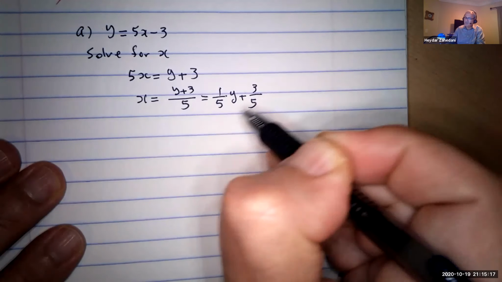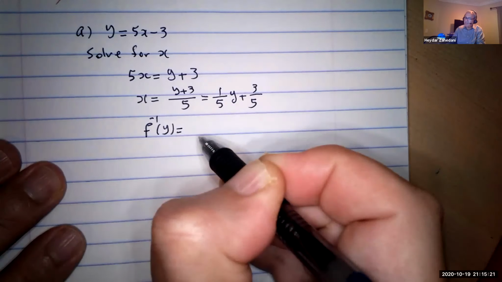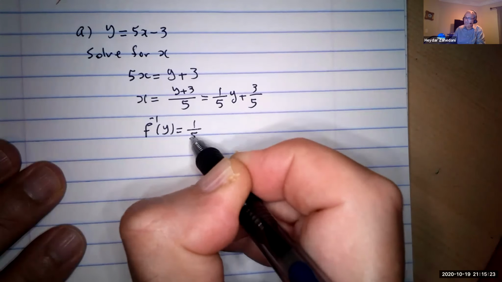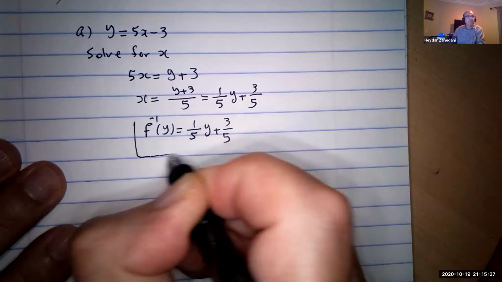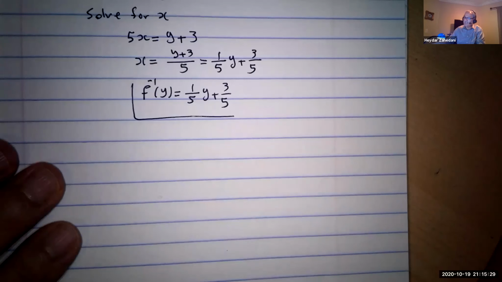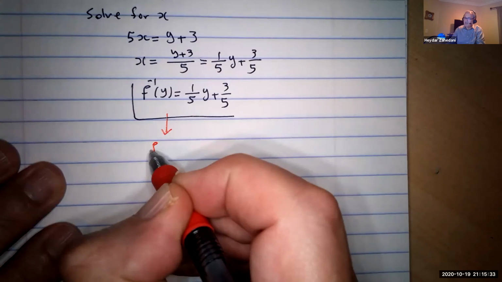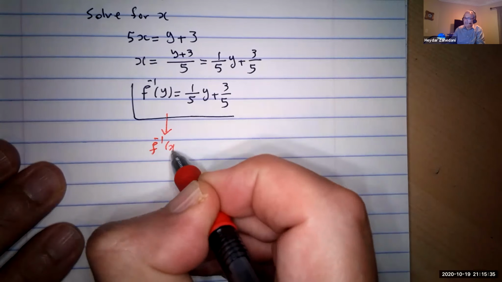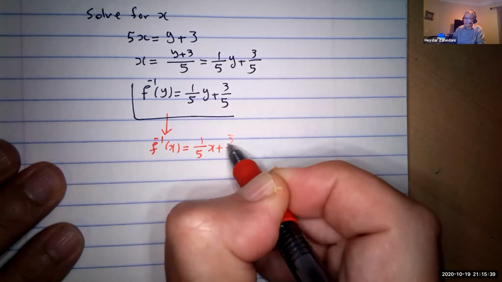So this is going to be f inverse of y: f inverse of y is one-fifth of y plus 3/5. But if you would like to use x as in your book, you can call it f inverse of x, which is one-fifth of x plus 3/5.